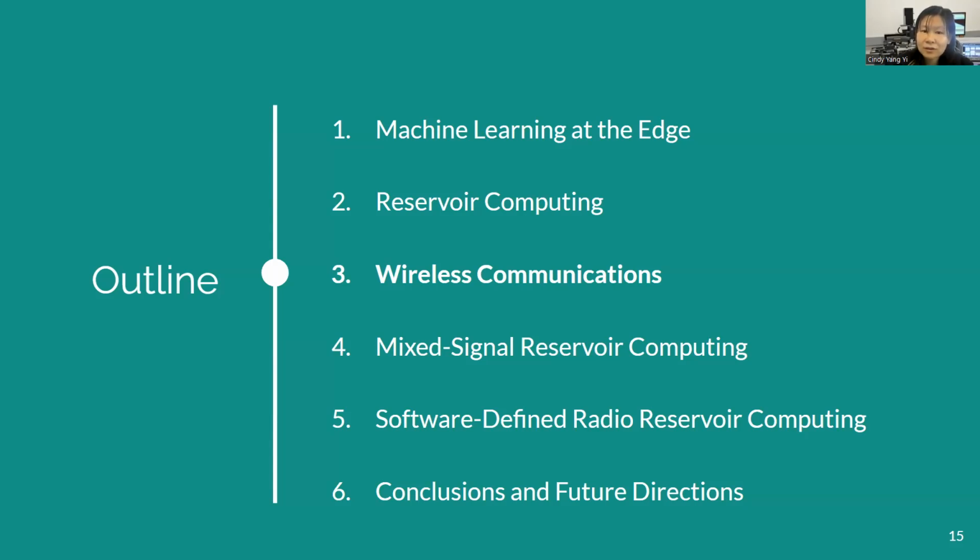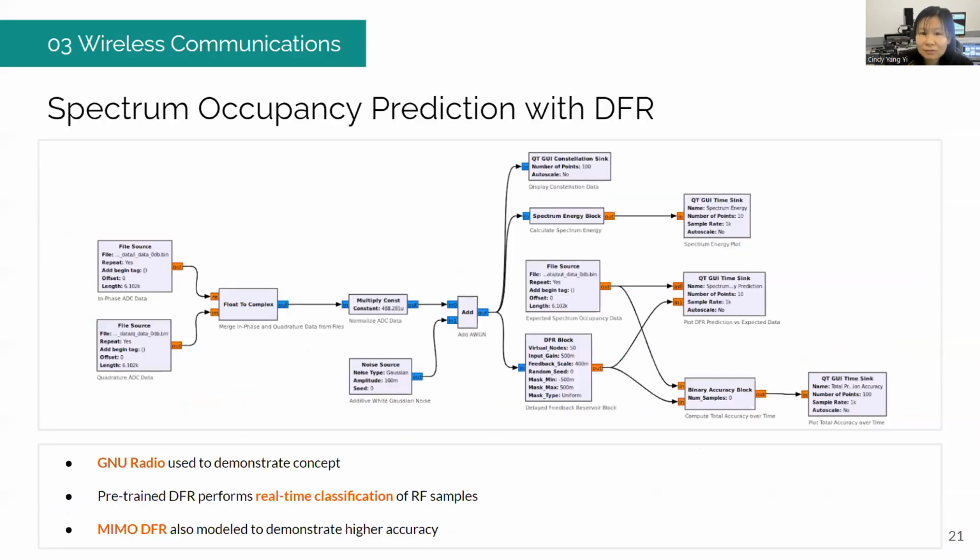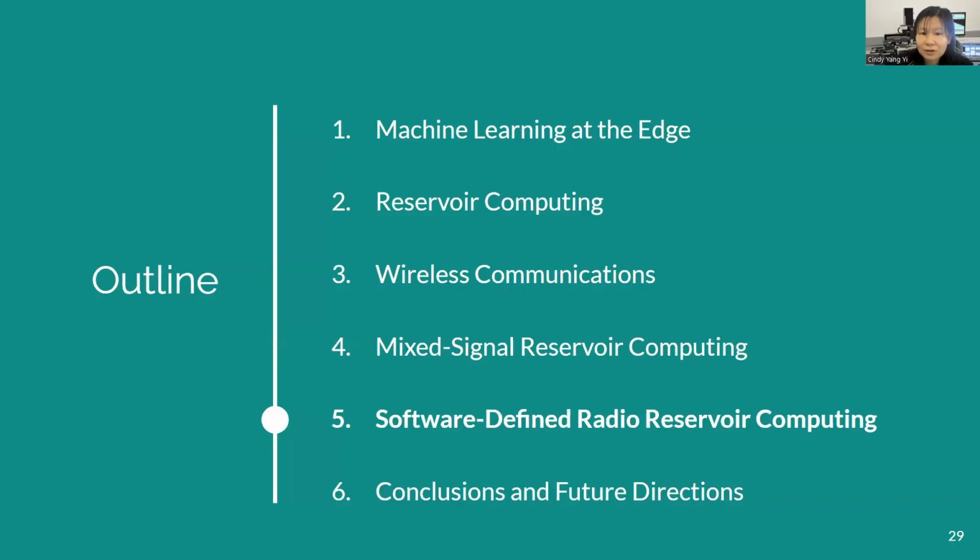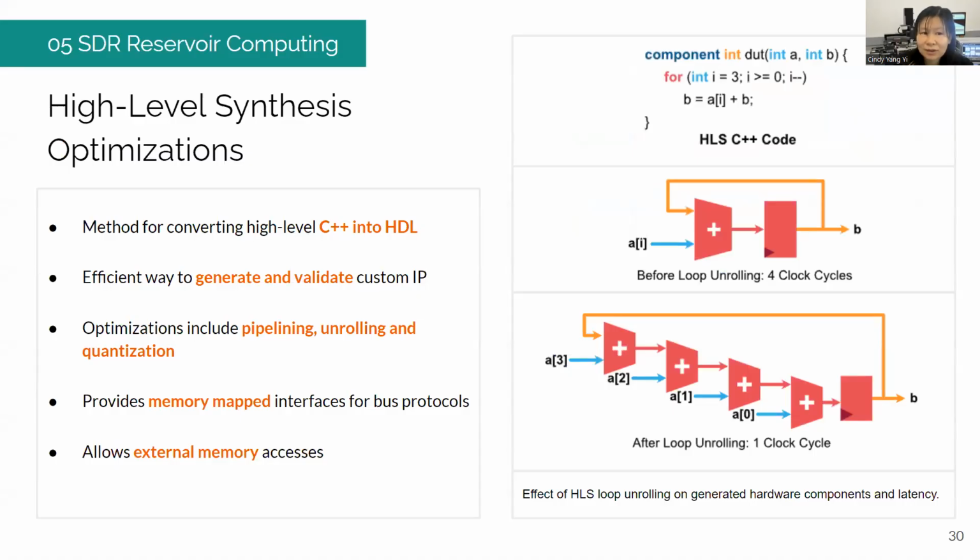I know HLS is easy to use compared to writing the Verilog code, but still, when students use HLS, they met difficulties. So I would like to know, like, what kind of challenge and difficulties you met when you use HLS?